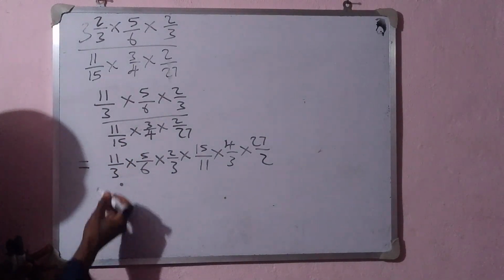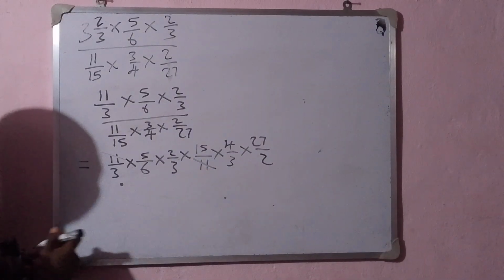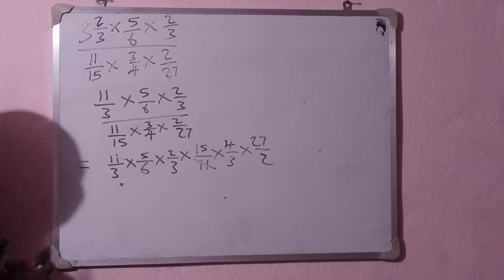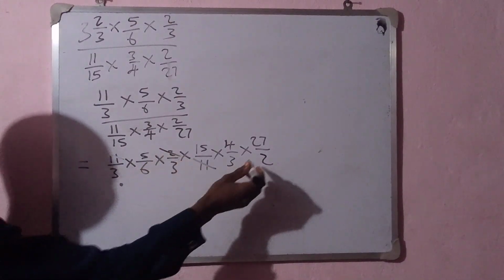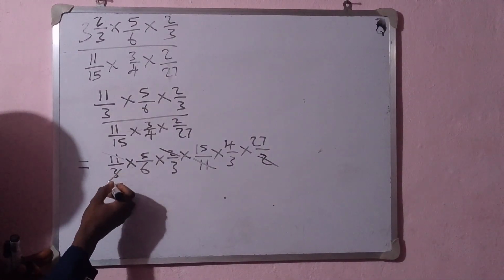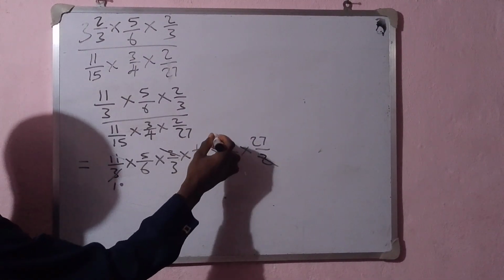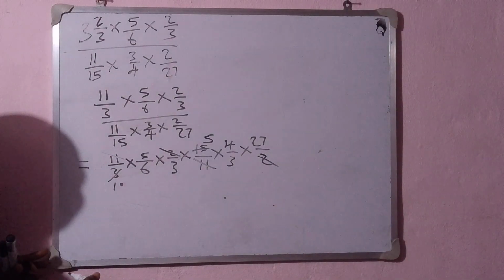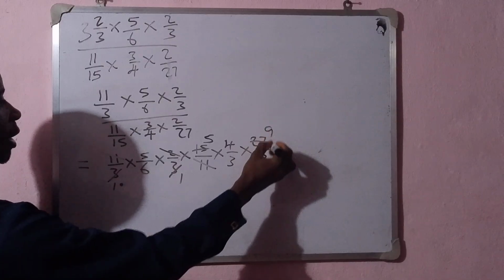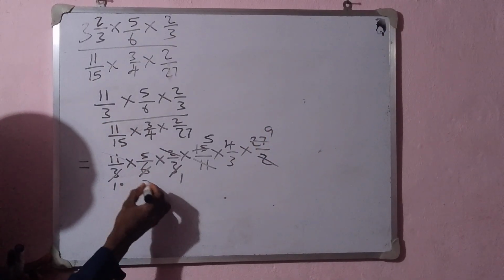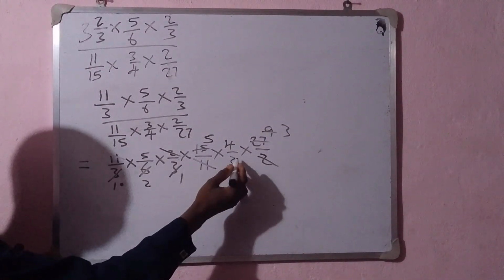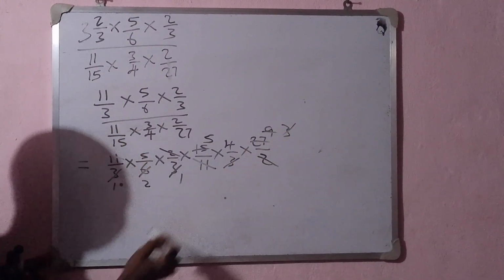So when you check here, this goes with this, and then this 2 goes with this 2. Then we have 3 here, 1, 3 here will give us 5. 3 here 1, 3 here will give us 9, and then 3 here will give us 2, 3 here will give us 3, so you see this 3 will go with this 3.